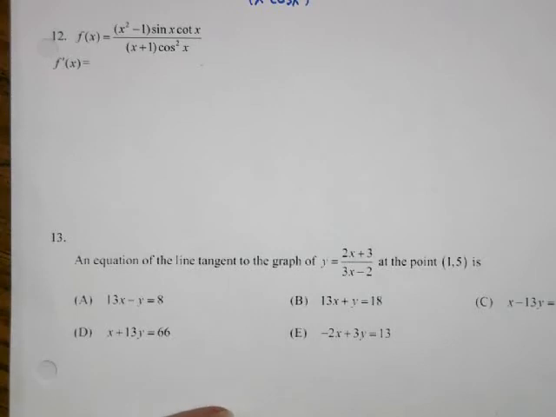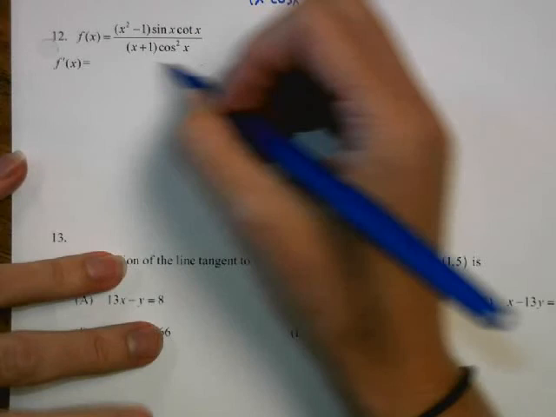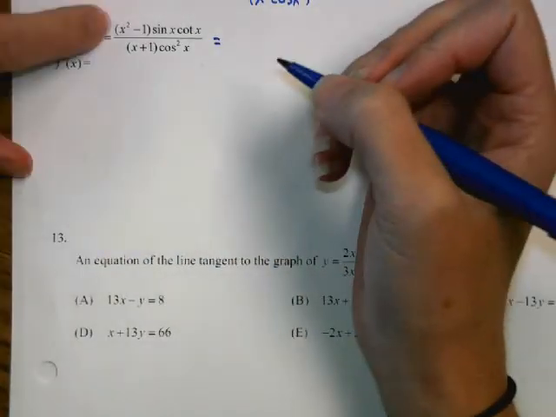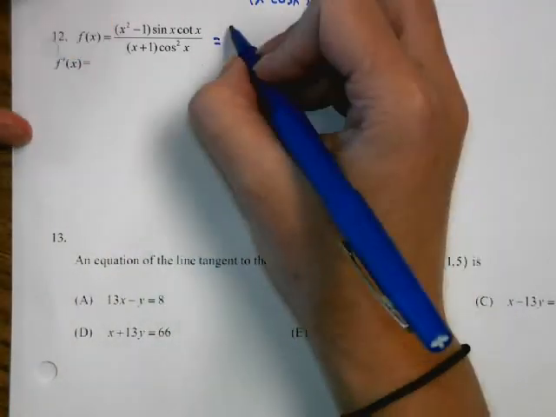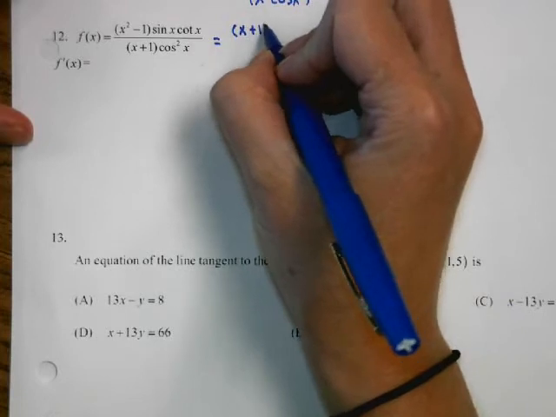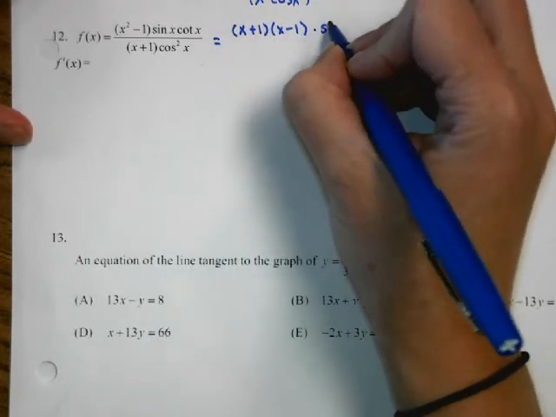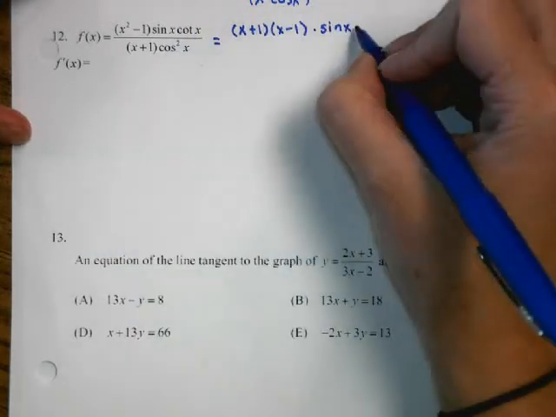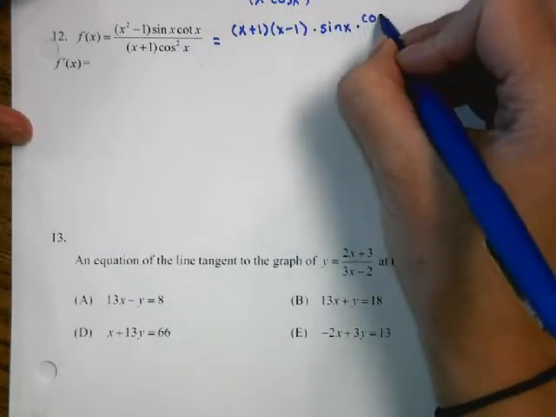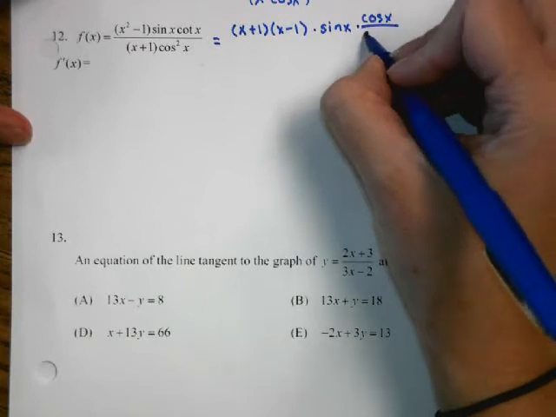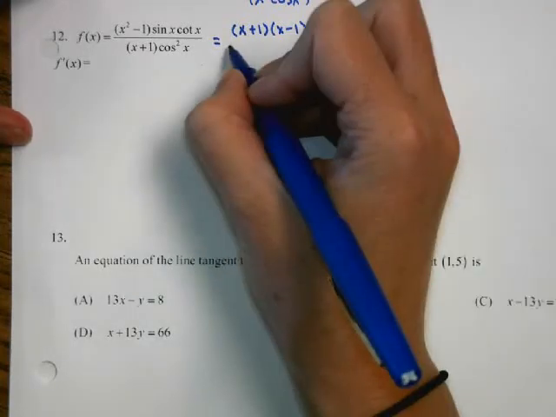So at first glance, this one looks super duper complicated, but there's some stuff we can eliminate before we even take the derivative. So I'm going to start rewriting this f of x. Starting with x squared minus 1 is (x plus 1) times (x minus 1), and multiply that by a sine of x. Cotangent of x is cosine of x over sine of x.